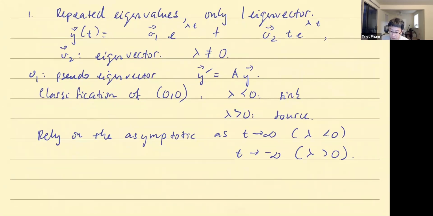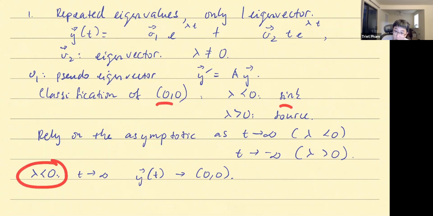Pick one case, for example, lambda negative. Then as t goes to infinity, both of these go to zero. The solution goes to 0, 0. That's why 0, 0 is a sink when the eigenvalue is negative.